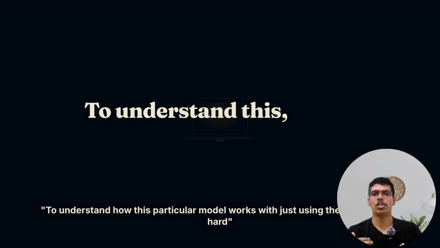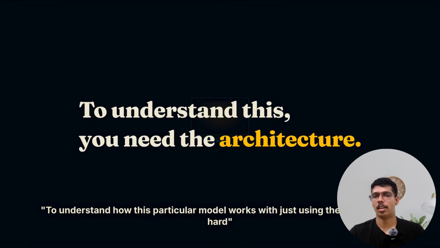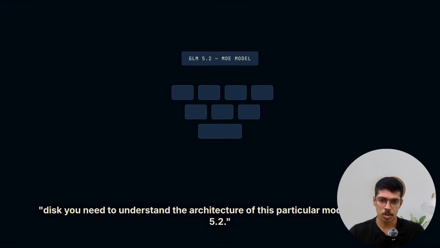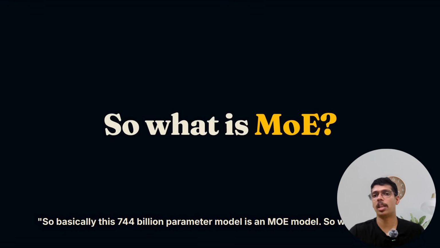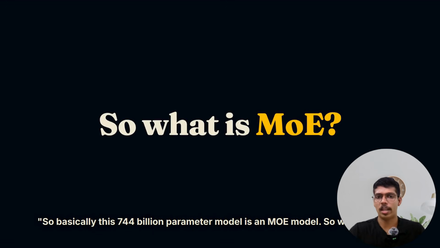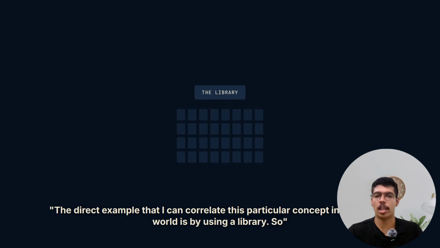To understand how this model works with just the RAM and the hard disk, you need to understand the architecture of GLM 5.2. Basically this 744 billion parameter model is an MOE model. So what is MOE? The direct example I can relate it to in real life is a library.